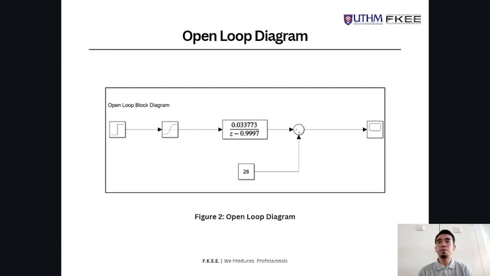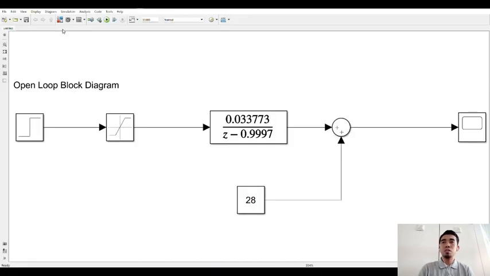In this plot diagram, we input a 20 milliampere input. From there we will have the response of the system. Before I explain the results of the system, I would like to show a short simulation of the system in MATLAB.